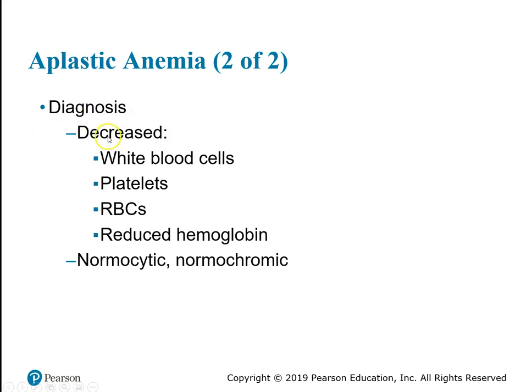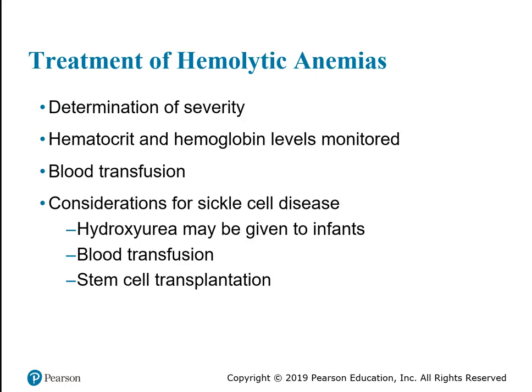To diagnose this, if you're talking about aplastic anemia, you don't only see a decrease in red blood cell number, you would see a decrease in every single type of blood cell. This goes along with the hemolytic anemias. Like I said, if it was nutritional, sure, take in more iron, or whatever that deficit is. If you're talking about hemolytic anemias, it's a little harder to treat.